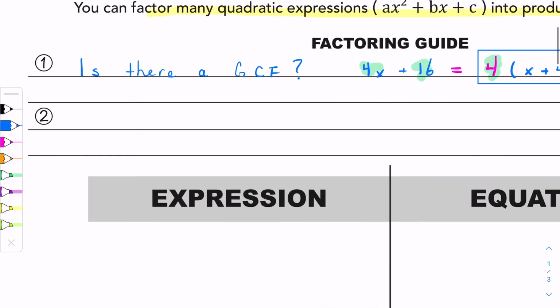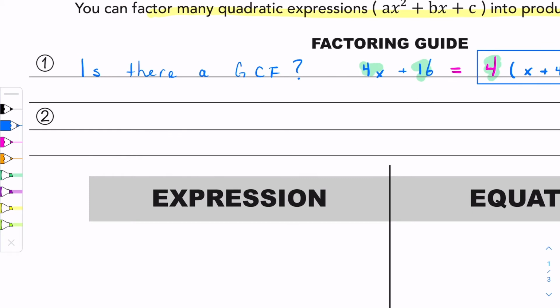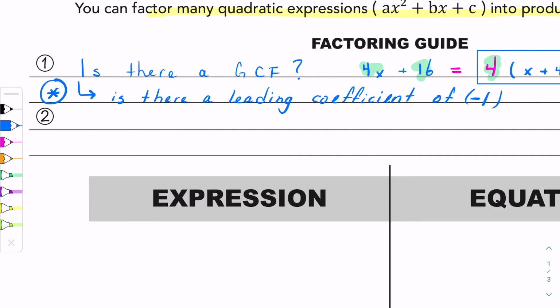All right, so first step is if there's a GCF, and then with that, you need to check to see is there a leading coefficient of -1. If there's a leading coefficient of -1, then you need to factor that out. We do go over a couple of examples like this, so I'll point them out when we get to them on this page.